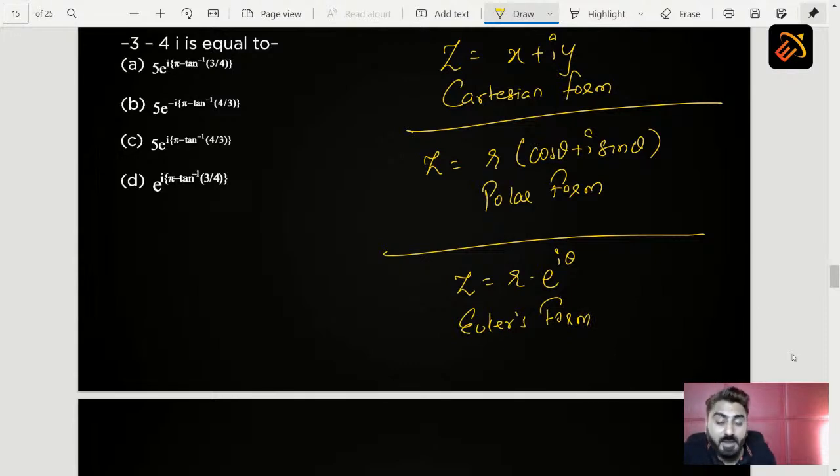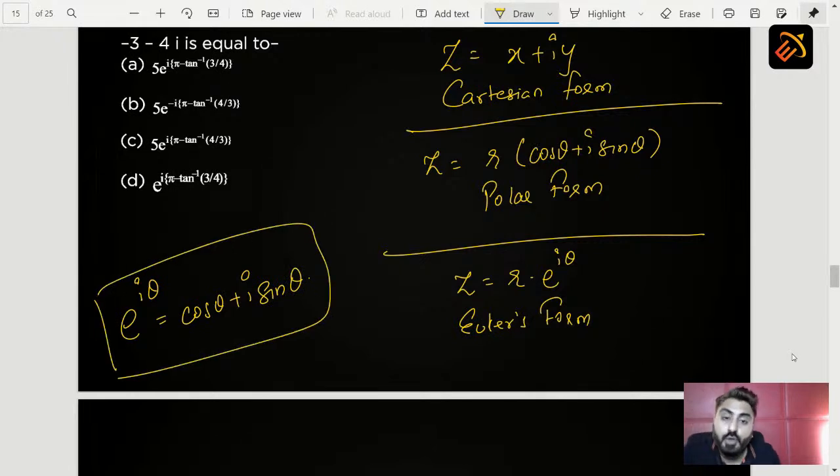And from this we can clearly say that e raised to i theta is nothing but cos theta plus i sin theta. So this is nothing but your Euler's form.